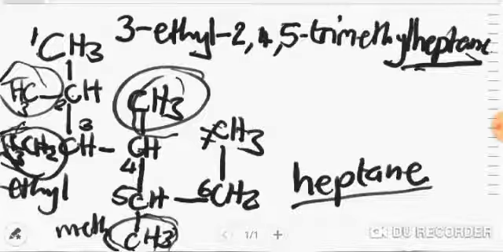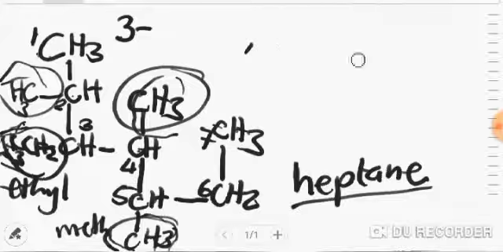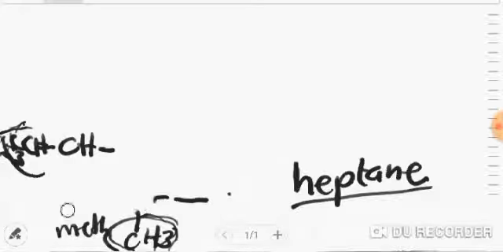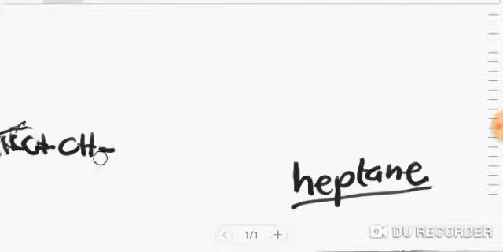So now let's move on to our next question. Let me erase this. So on this question, we will be expected to draw the structure.